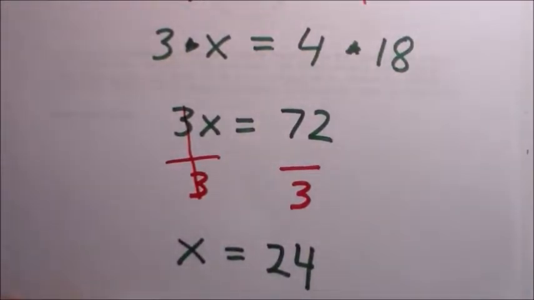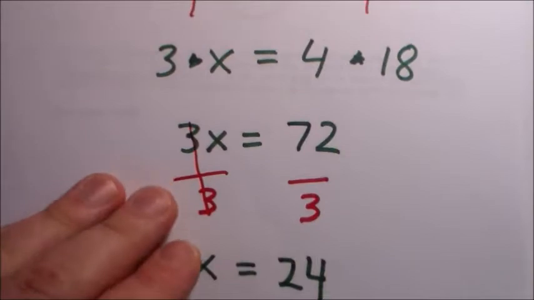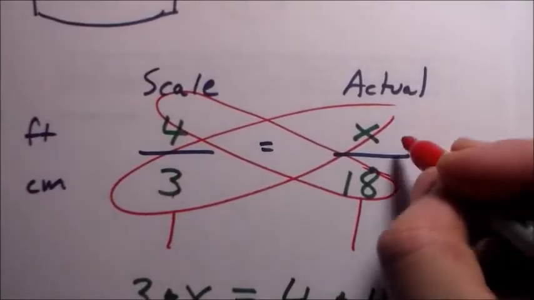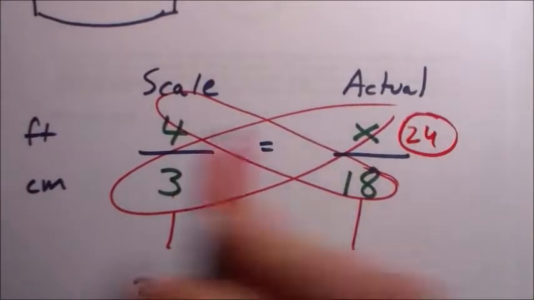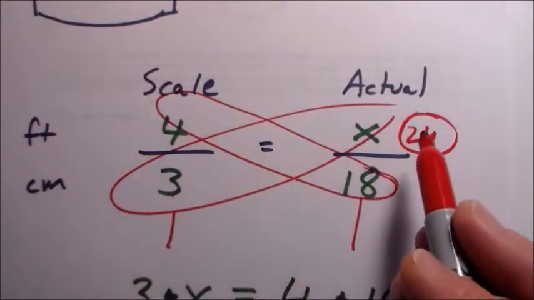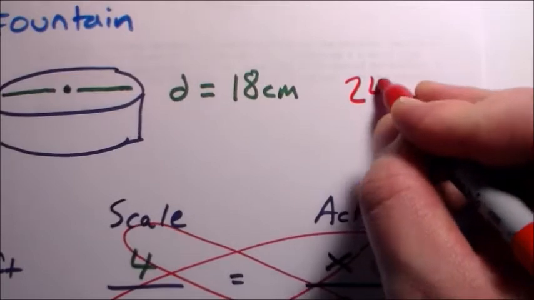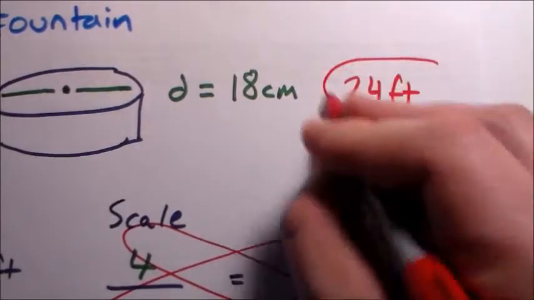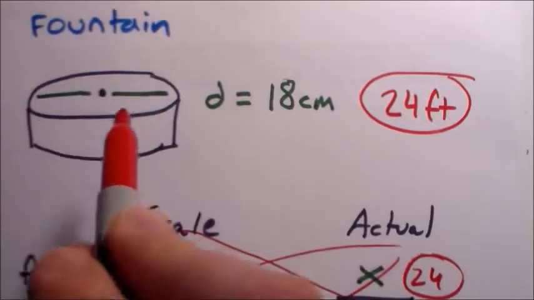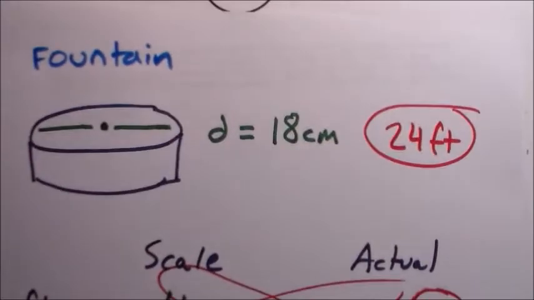So what does that mean if x equals 24? Well, 24 goes in here, right? That means in feet, the actual diameter is going to be 24 feet. So the actual diameter of this fountain base is going to be 24 feet.